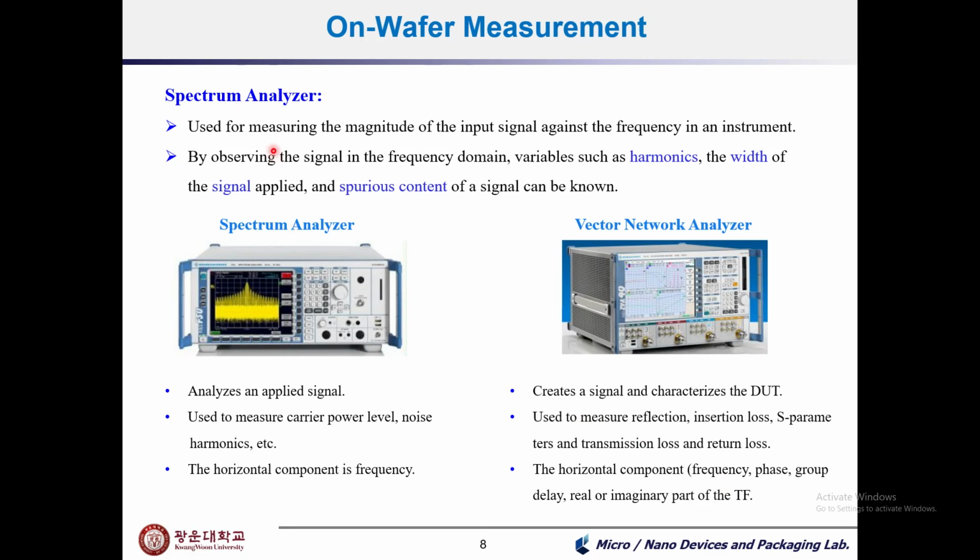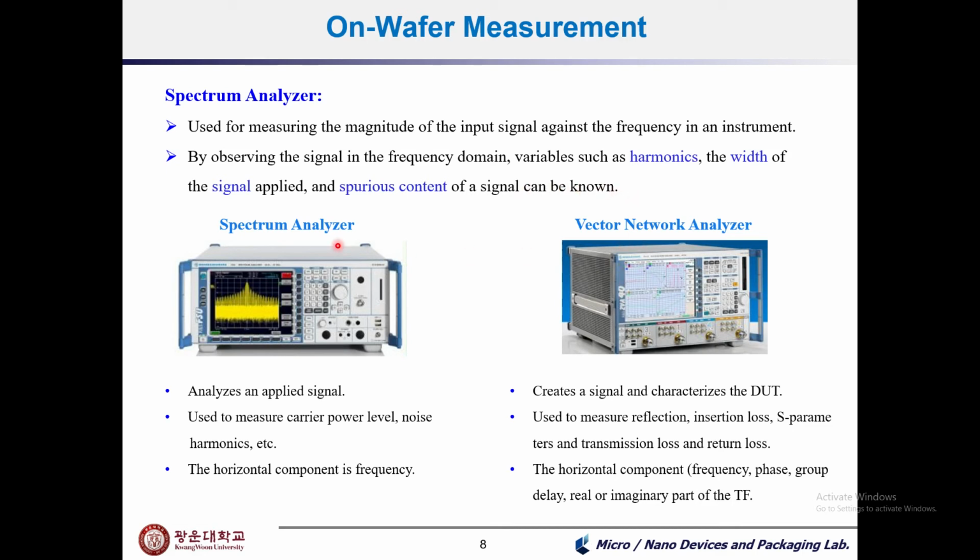Another important component is the spectrum analyzer, which is used for measuring the magnitude of the input signal against the frequency. By observing the signal in the frequency domain, we can get information about variables such as the harmonics, the signal width, and any spurious content of the signal.